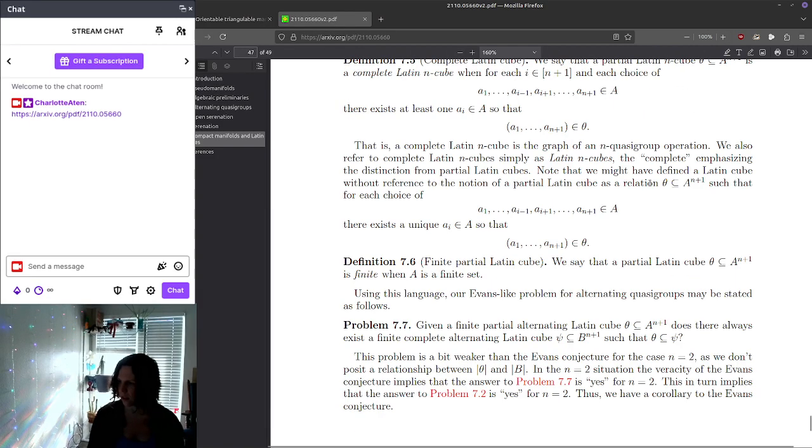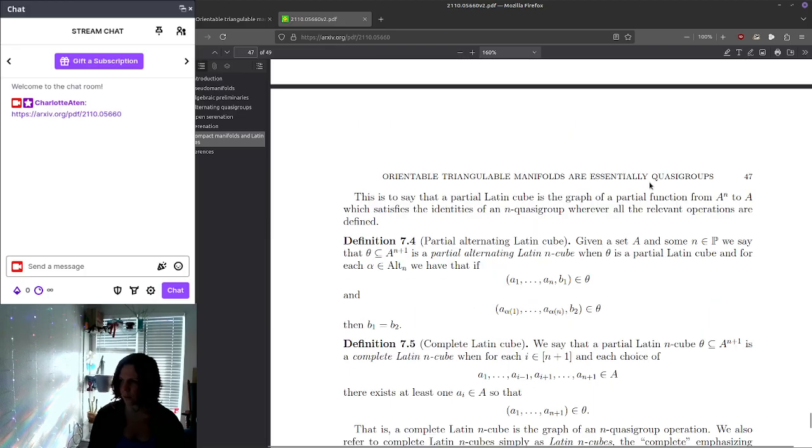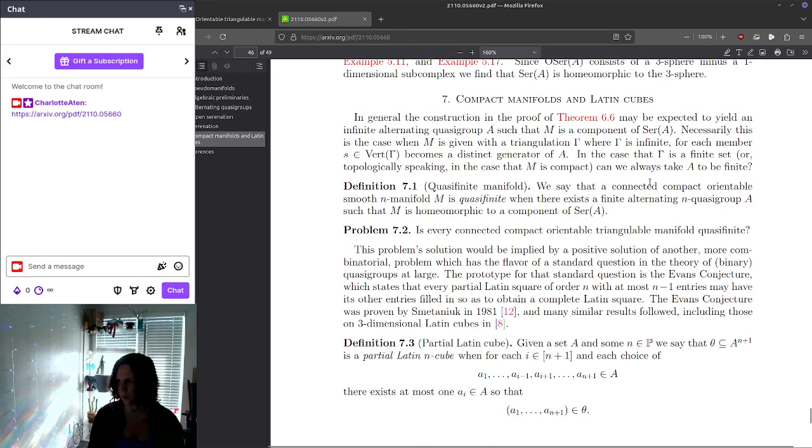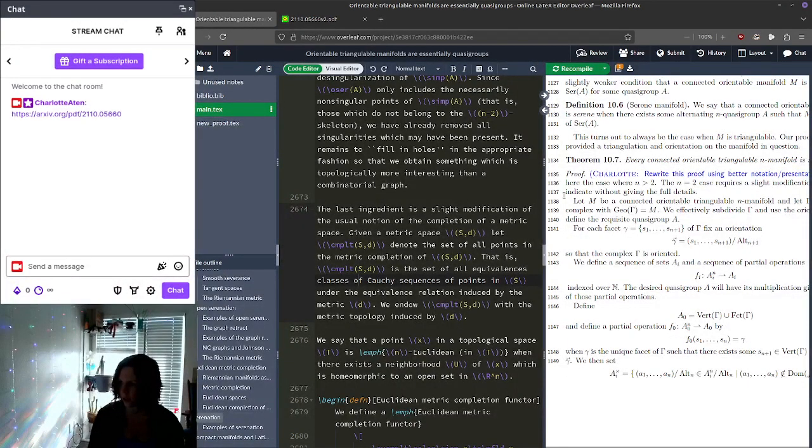I'll remind you of some of what I'm going to be talking about, although I can't really do the whole paper because it's a long paper, it'll take forever. But you can peruse it at your leisure by following the link to the archive. I will perhaps take a little bit of a look at the overleaf here.